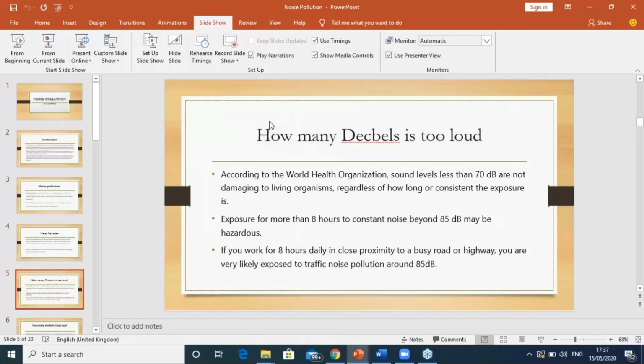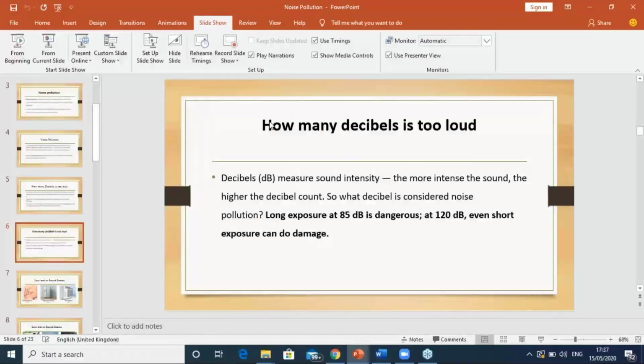So how many decibels is too loud? Decibel is what we use in measuring sound intensity or sound level. Like I told you, 70 is the limit. Anything beyond 70, like 78 or 80, becomes dangerous. If you're exposed to a level of 120 decibels, no matter how short, you're already exposed to damage, because 120 is very, very high.